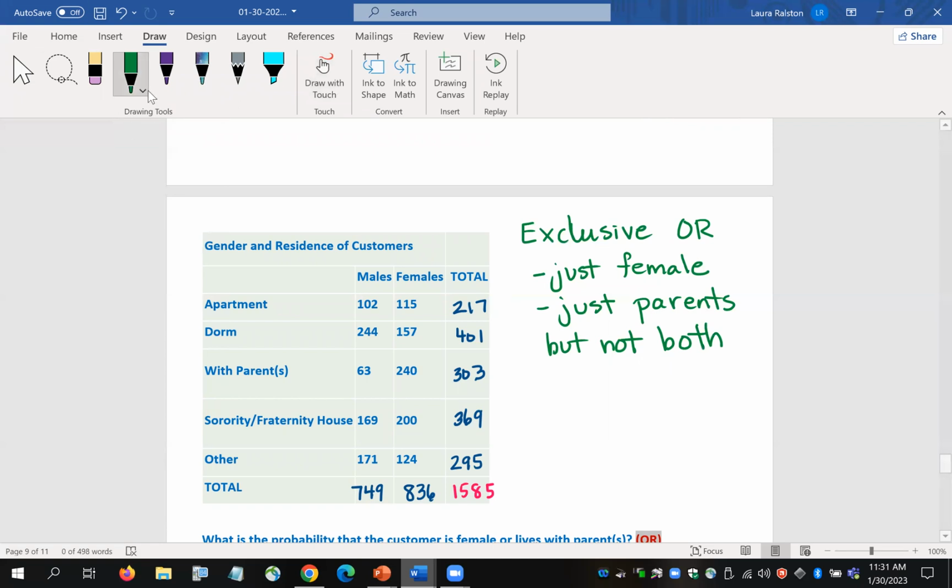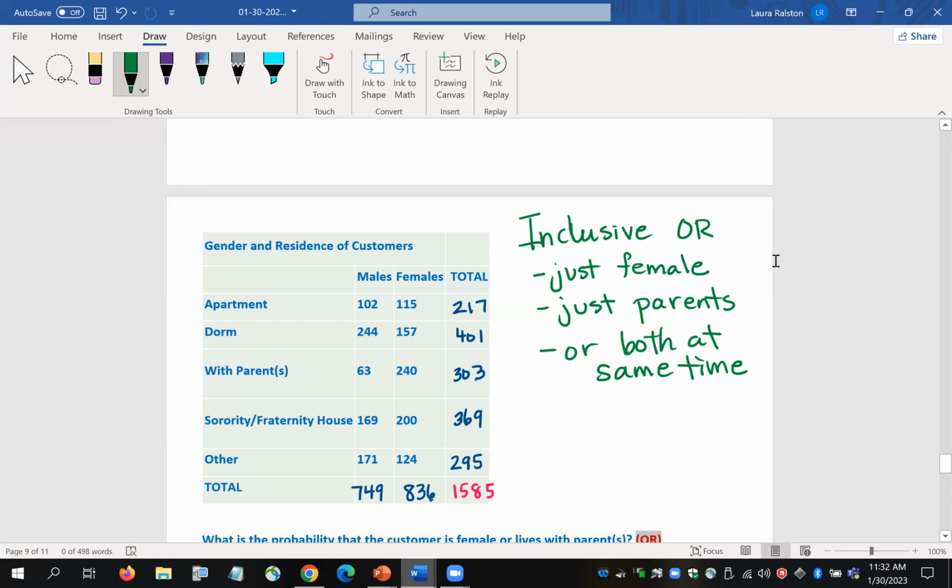I'm sorry, I'm saying that wrong. It's an inclusive or, because it could be both. So it could be just the female, just the parents, or it could be both at the same time.